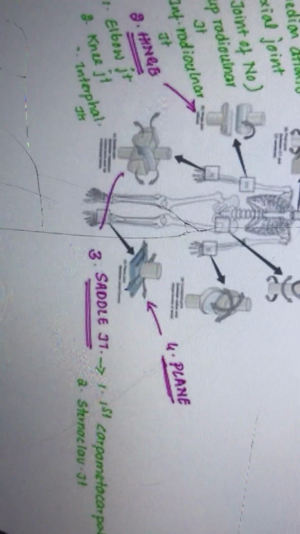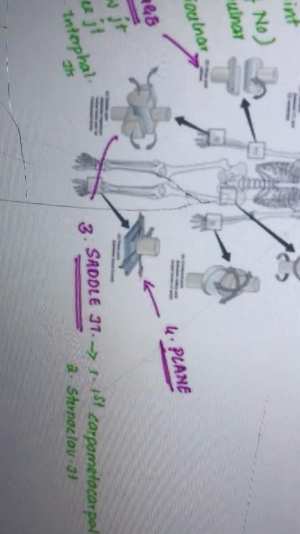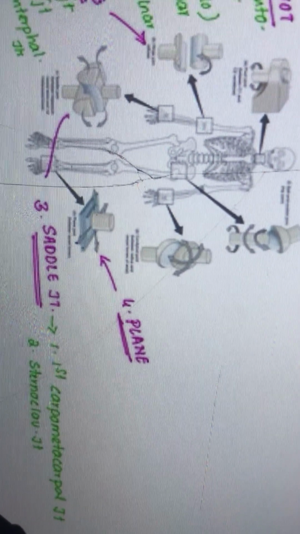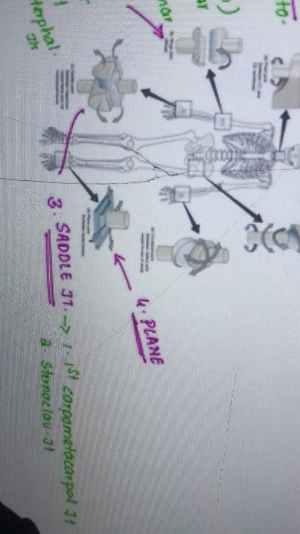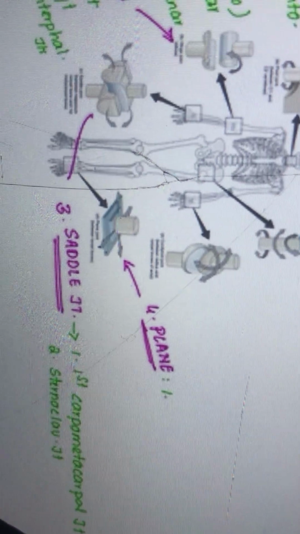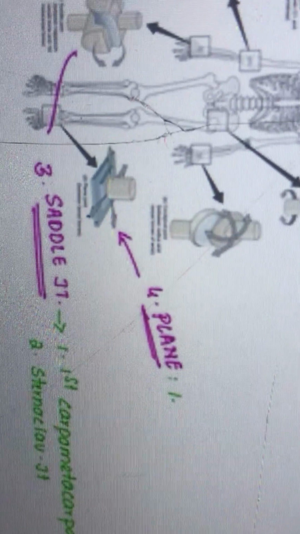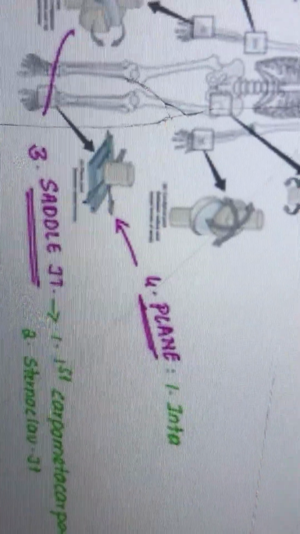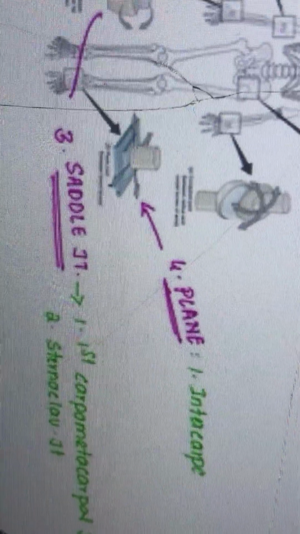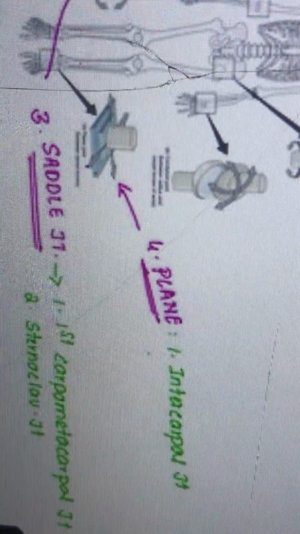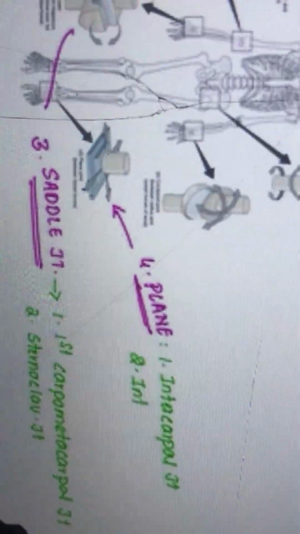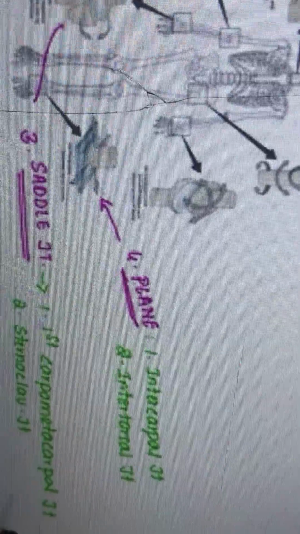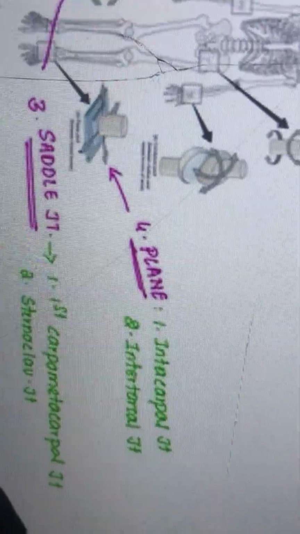When the two articular surfaces are flat, you call it as plane synovial joint. Now what is the best example for plane synovial joint? Remember, the plane synovial joints are best seen between carpal bones or tarsal bones. So intercarpal joints or intertarsal joints. So joints between carpal bones or joints between tarsal bones.